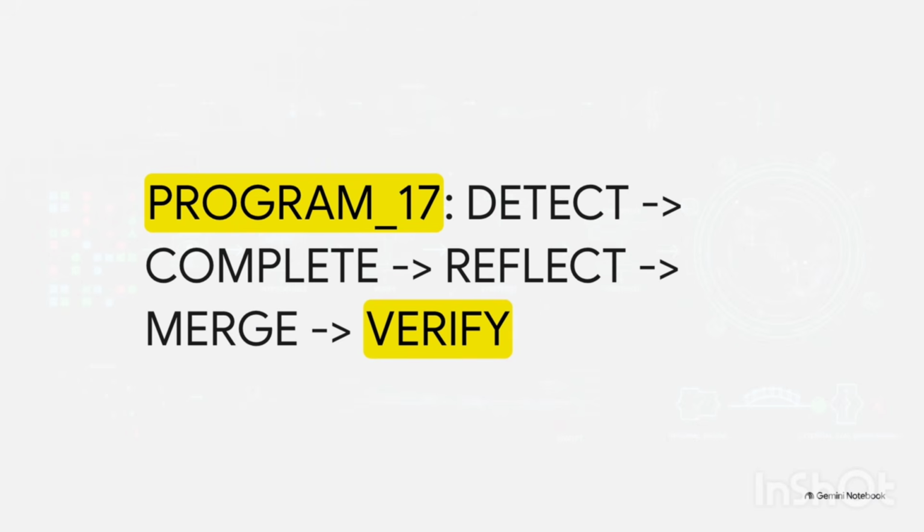It builds these blocks into a pipeline, maybe it detects objects, completes them, reflects them, merges the result, and then verifies. It's literally searching for compositional logic. Now, this doesn't mean it always finds the mathematically optimal program every single time, but it builds a working logical sequence that generalizes to the unseen case.